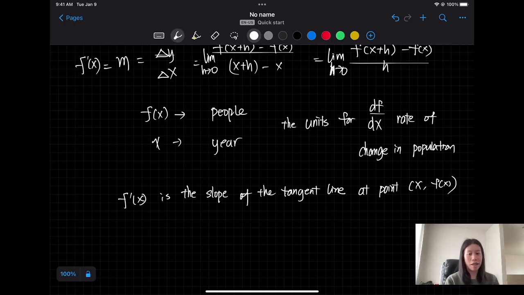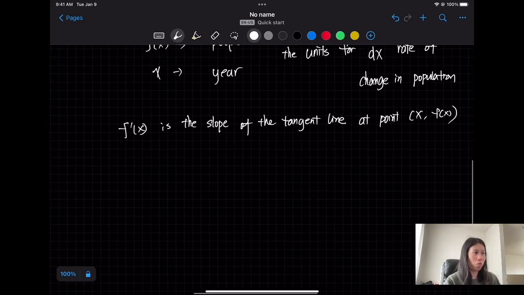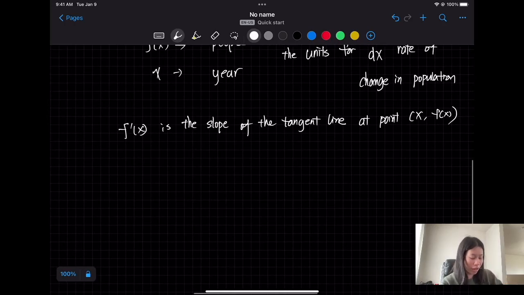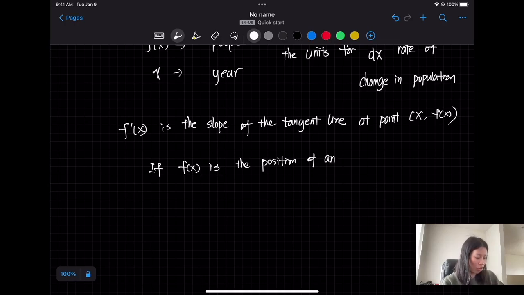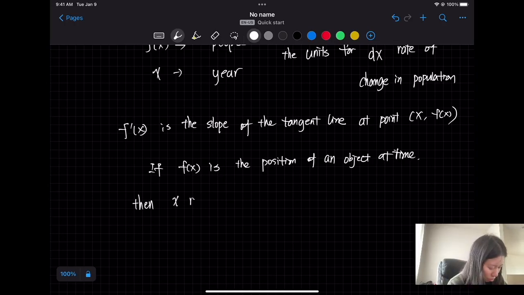Okay, so another application of derivative is velocity. So if you think about that, if f(x) is the position of an object at a certain time, then x represents the time, right?